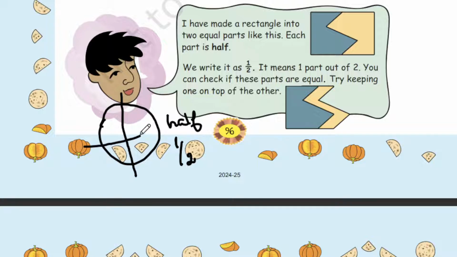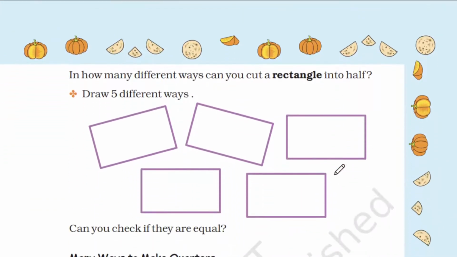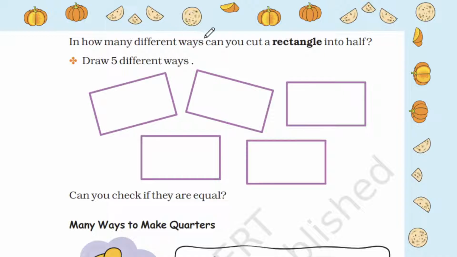And if you are writing a quarter, you can write either a quarter or you can write 1 by 4, because you have one whole and four equal parts. 1, 2, 3, 4. So half you can write 1 by 2 and quarter you can write 1 by 4.